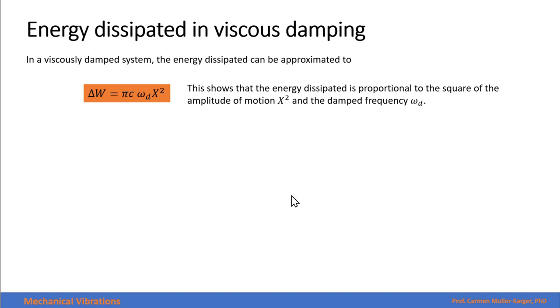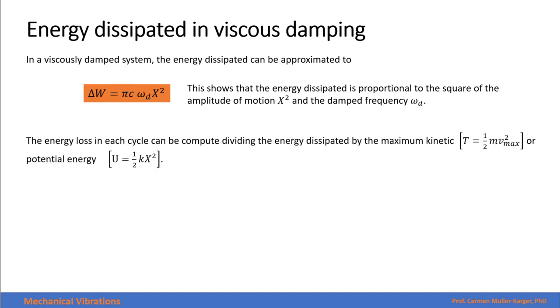So this expression shows that the energy dissipated is proportional to the square of the amplitude and the damped frequency. If we would like to calculate the energy loss in each cycle, we can compute it by dividing this energy dissipated by the maximum kinetic energy or the maximum potential energy.